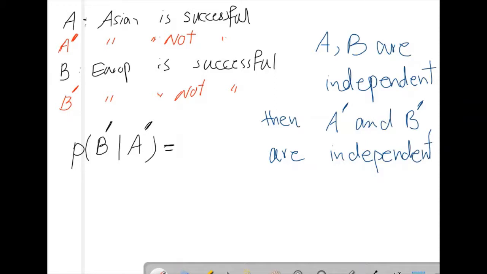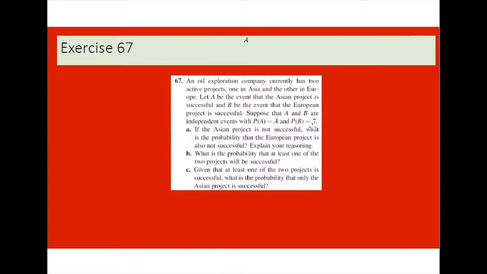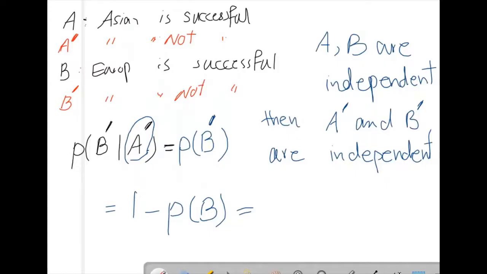So when A prime and B prime are independent, it means A prime doesn't have any impact on B prime. So the probability of B prime given that A prime is the probability of B prime. So it's 1 minus probability of B, and the probability of B is 0.7. So the answer is 0.3.